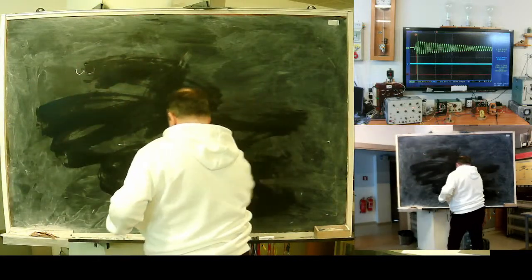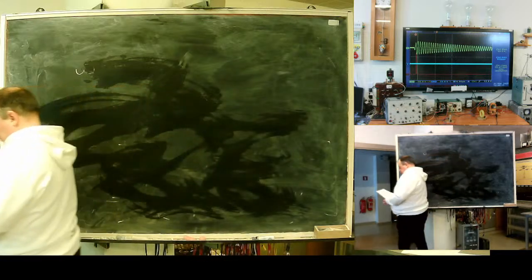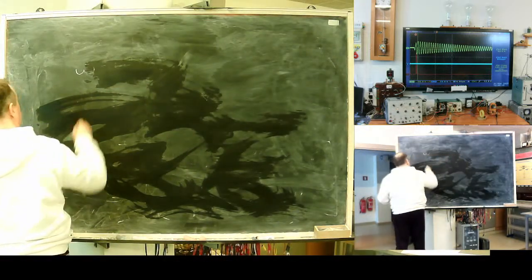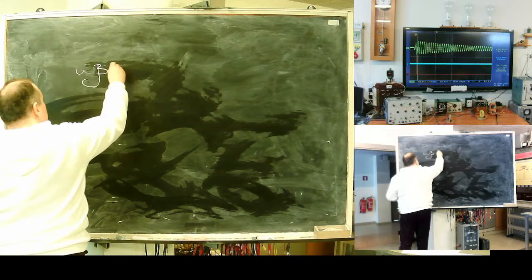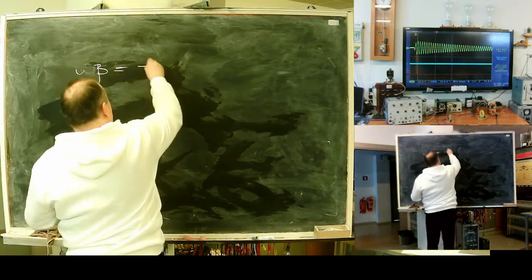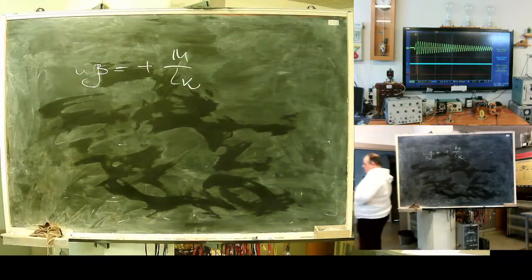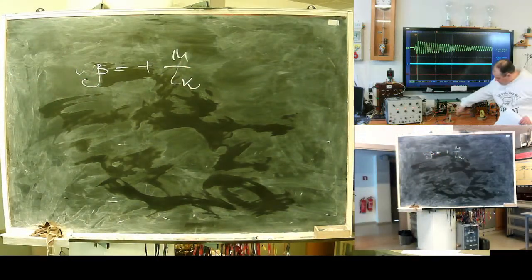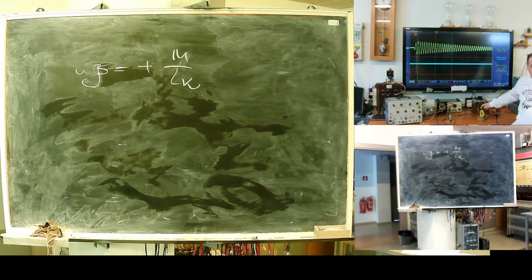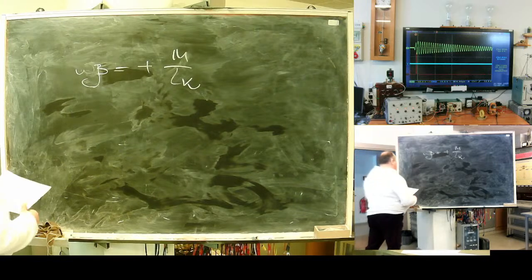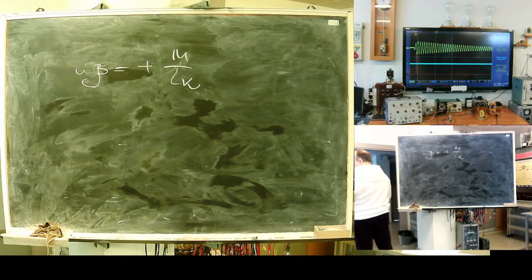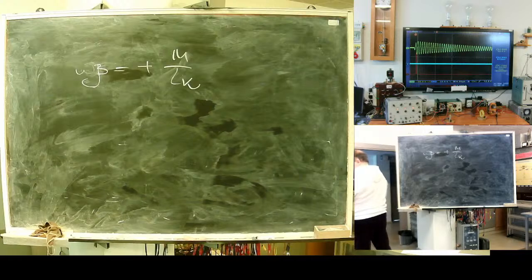Let's take beta plus M divided by LK, where M is mutual inductance and the inductance of this coil is LK. This is to analyze the case of negative feedback. Now it's set for negative feedback.